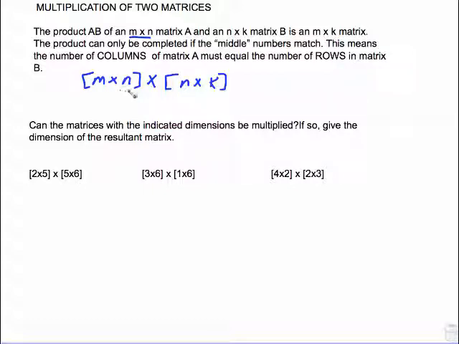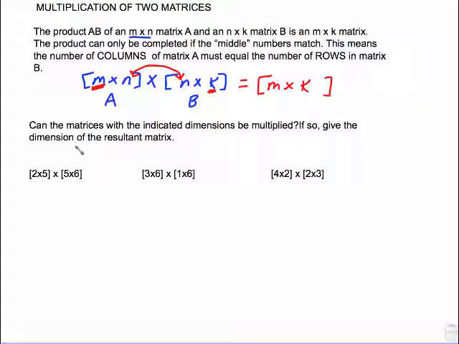So these are the dimensions of matrix A, these are the dimensions of matrix B, and they are only able to be multiplied if the middle values match. This is an N, this is an N. That says, yep, I'm going to be able to multiply these matrices. Furthermore, my answer matrix dimensions will be M by K.